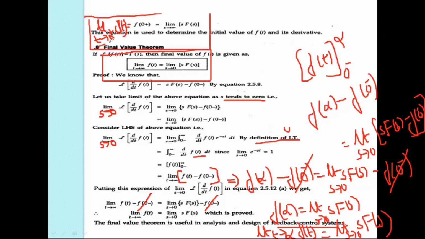For the initial value theorem, in the time domain it is the limit 0 plus, and in the frequency domain s tends to infinity. For the final value theorem, the time domain is infinity and the frequency domain is 0. The remaining parts are the same: f of t and s into f of s.